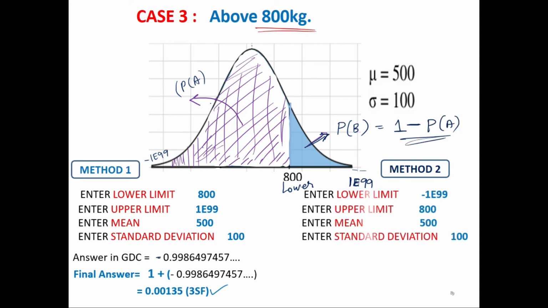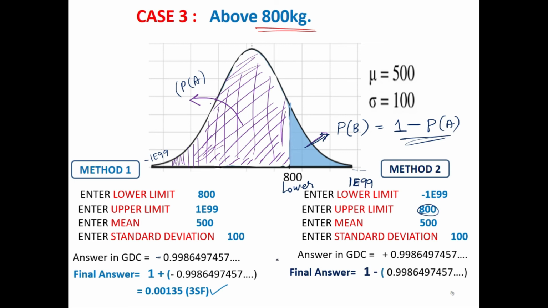In this case you're finding this region, so the lower limit is negative 1E99 and you use 800 as the upper limit. You find the probability there, which is going to be 0.998649, and then you just subtract it. The final answer will be 1 minus that. In both methods we get the same answer, but make sure you're not confused with the signs and whether it's a plus 1 or minus 1 that you have to do. That's it.